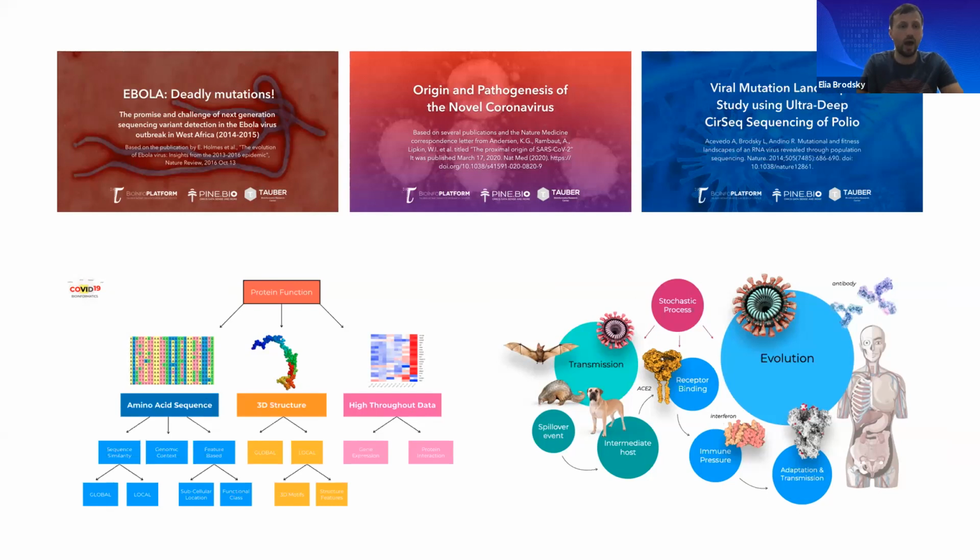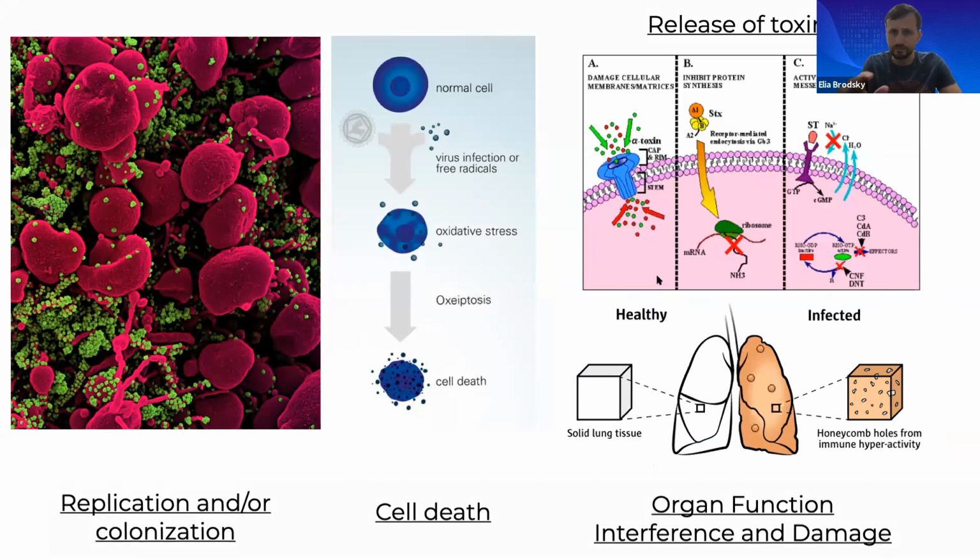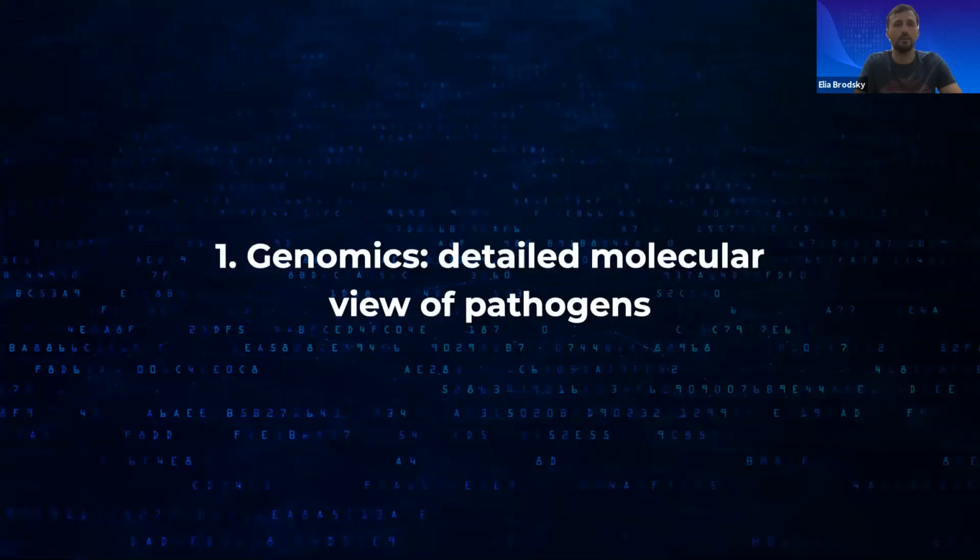For example, how we can study the replication and colonization of pathogens, and how we can study the impact of that colonization that leads to cell death or organ function and interference.